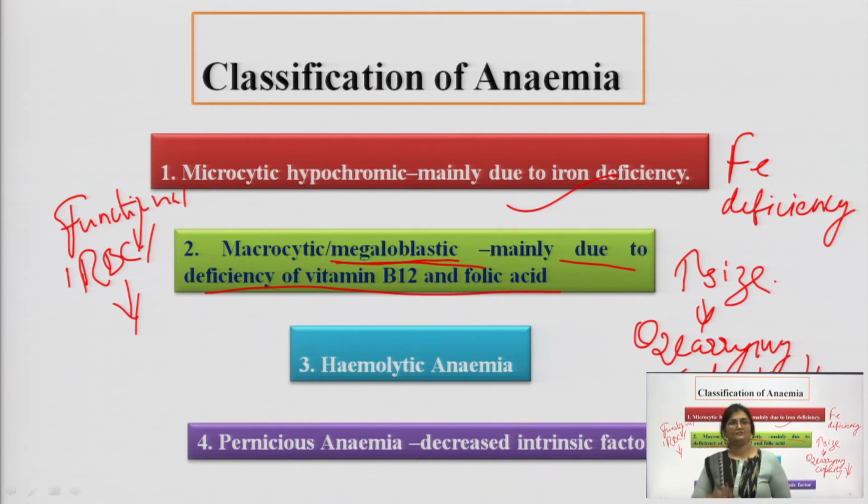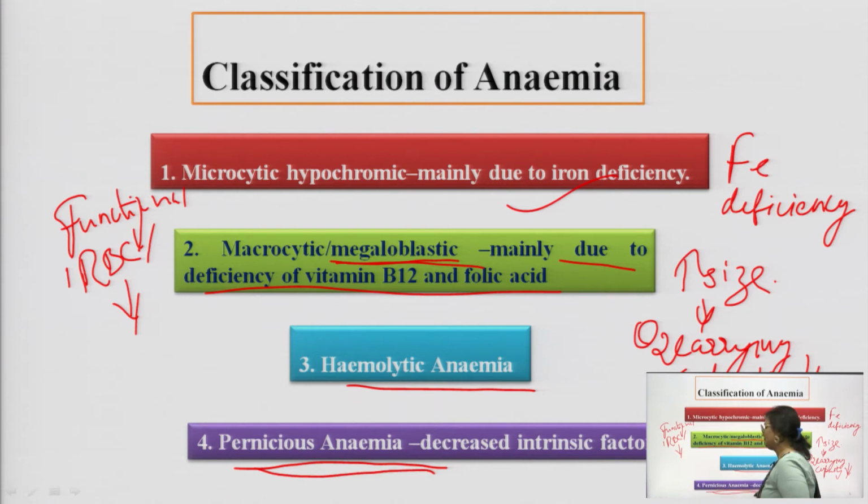The next kind of anemia is hemolytic anemia, where there is disruption or destruction of RBC. Another type of anemia is pernicious anemia.